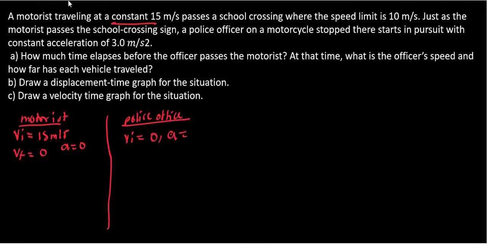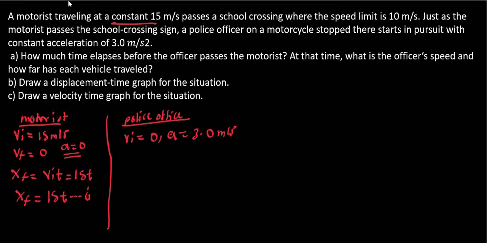Then our acceleration is 3.0 meters per second squared. On the motorist's side, with the acceleration equal to 0, this is the formula that we use every time. So it will be 15 t. So the displacement of the motorist is 15 t.